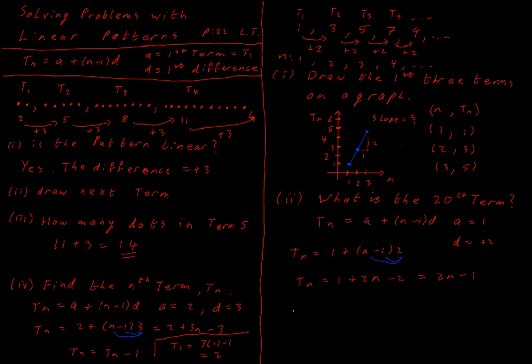And I want to know what T20 is, what the 20th term is. So the 20th term I could write as T20. For the 20th term, where there's an n, I'm going to put 20. And I get 40 minus 1 is equal to 39.